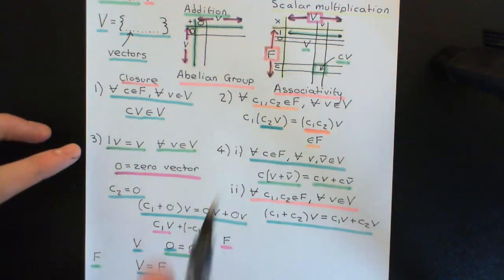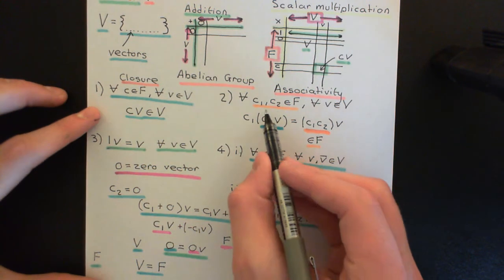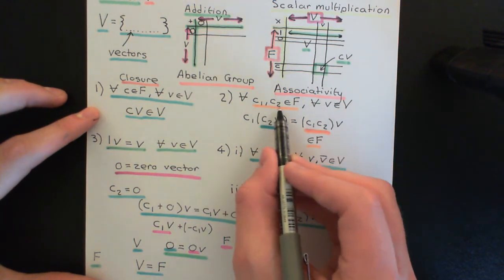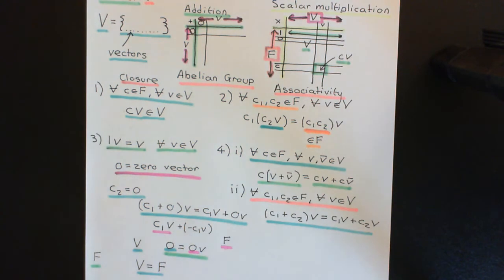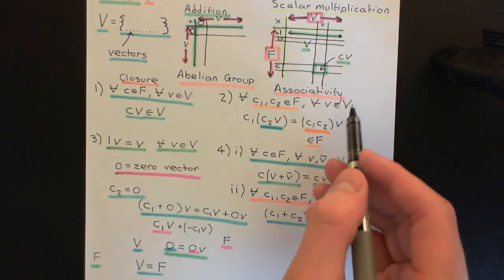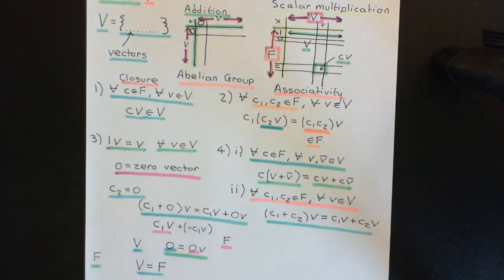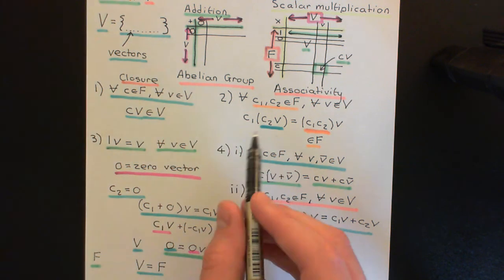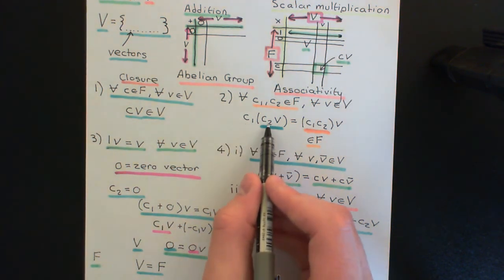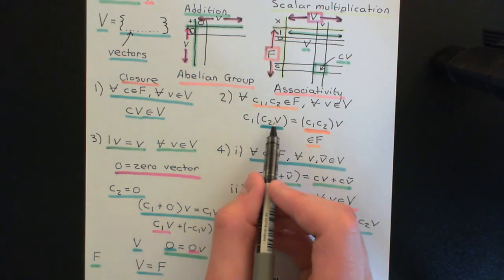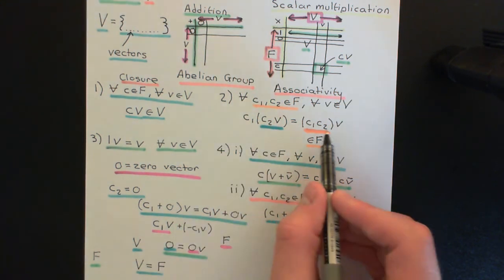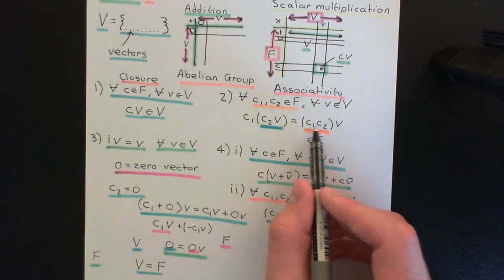Second axiom, associativity. Well now, both these elements here, C1 and C2, and the vector, little v, are elements of the field, because the vector space is just equal to the field, capital F. So now this scalar multiplication is just multiplication in the field, so this is just three elements of the field multiplied together, and also this is three elements of the field multiplied together.